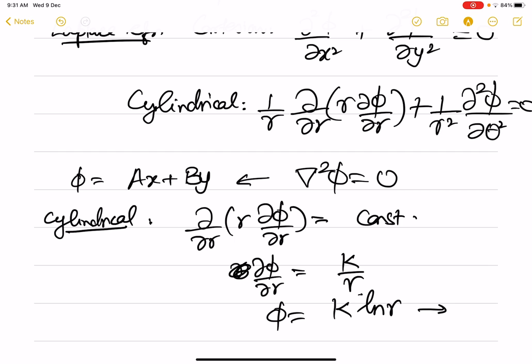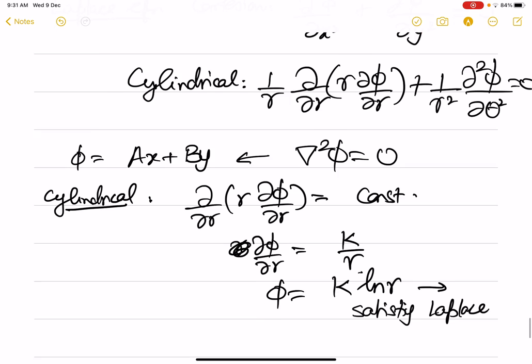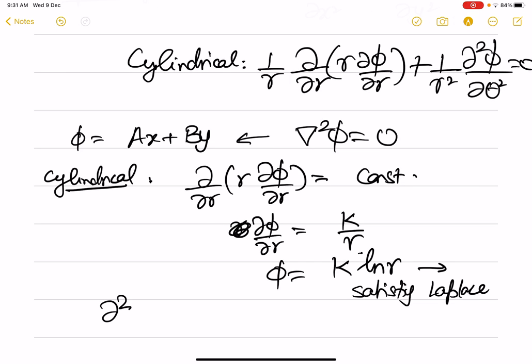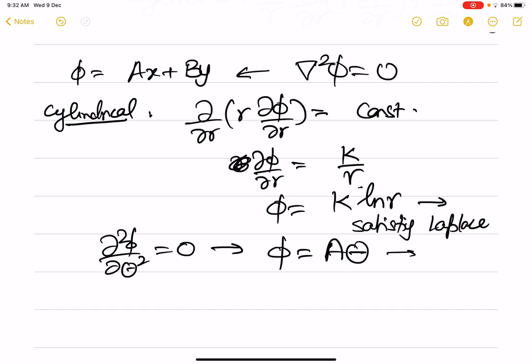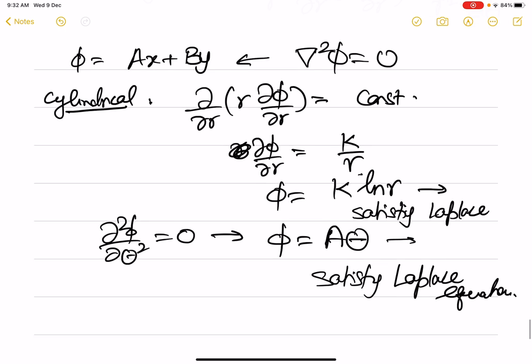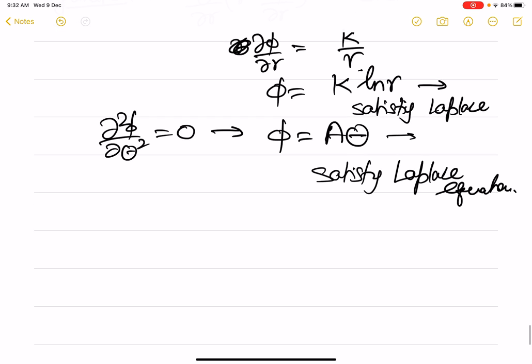So if phi is of this form, this will satisfy Laplace's equation. Another form we have is d2 phi by d theta square must be 0. So if phi is equal to a theta, then also we know this will satisfy Laplace's equation. So this gives us some basic idea of the type of flows which will satisfy del square phi is equal to 0. So given this, now let's start.